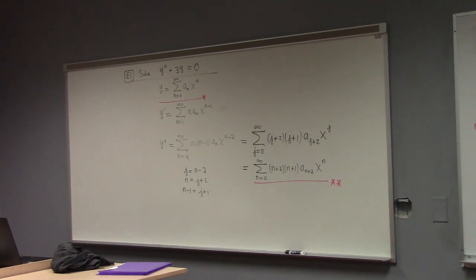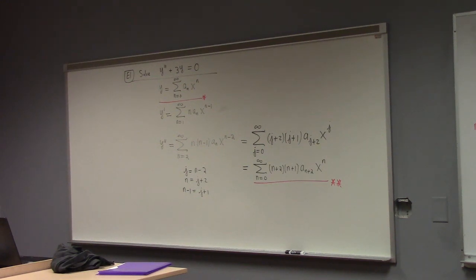Now, technically speaking, if you just want an answer, the thing I just wrote before what I'm writing right now was already an answer. It's a power series solution of this given differential equation. But if you'd like to put your answer in terms of happy-go-lucky functions that you already know about, then this is what you got to do.